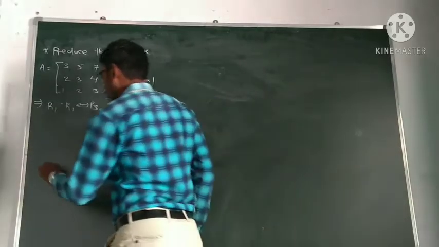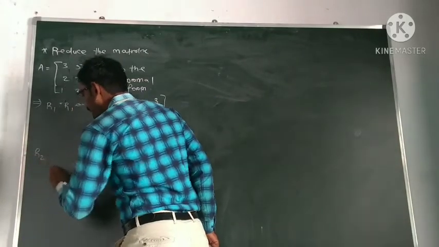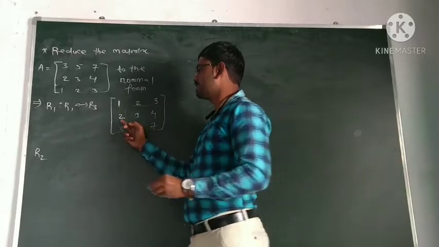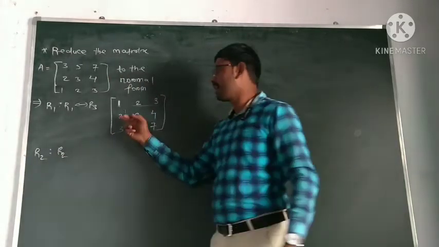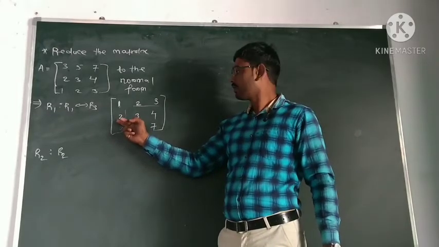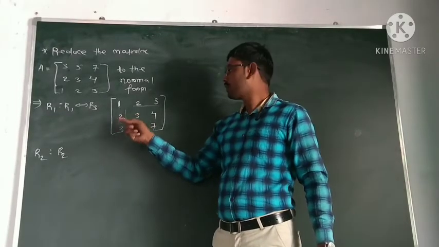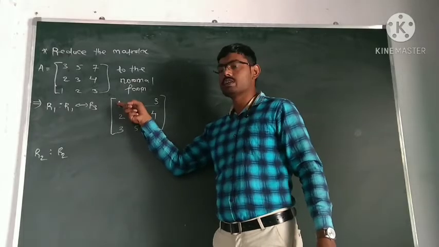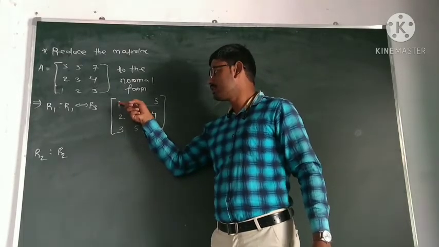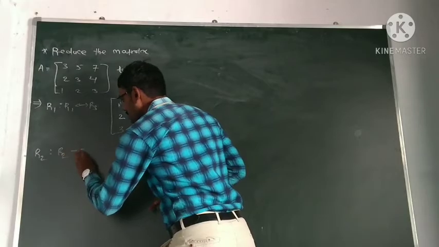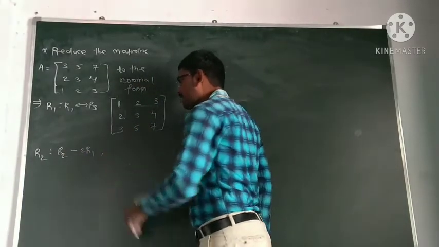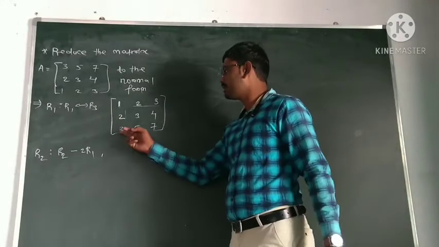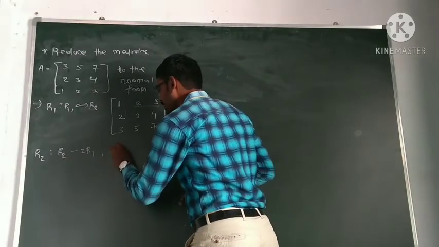So what do we do? We do the operation R2 changes to R2 minus 2 times the first row, so 2 minus 2 into 1 is 0. Similarly, we will make this 3 a 0.